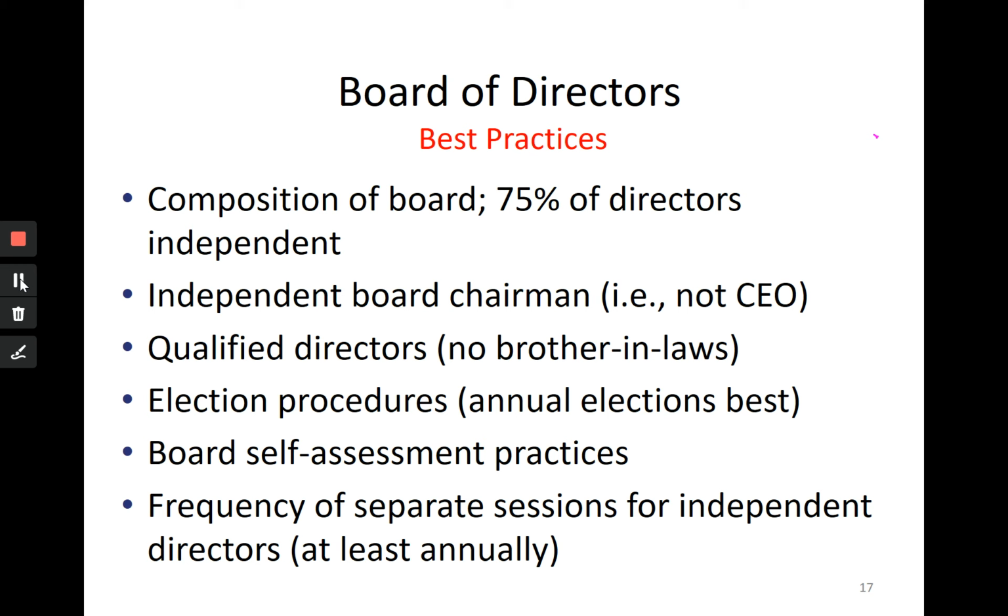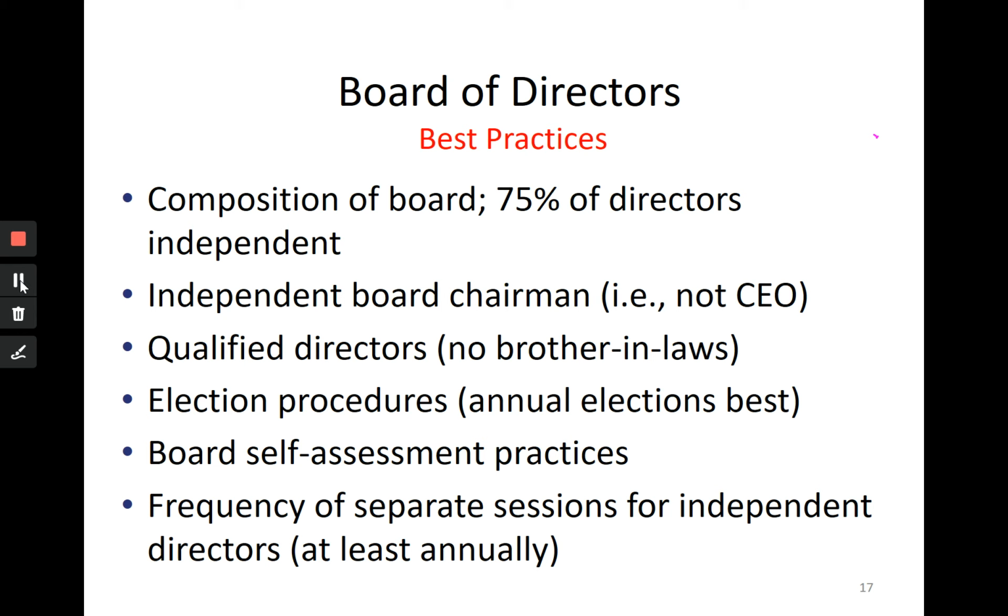We also look at the board chairman, and this is the person who brings the agenda in front of the board, and we want this person to also be independent from the corporation, not to be an employee, a long-term employee of that corporation. A common way that independence of the board chairman is violated is when the same person is the chief executive officer and is also the chairman of the board.